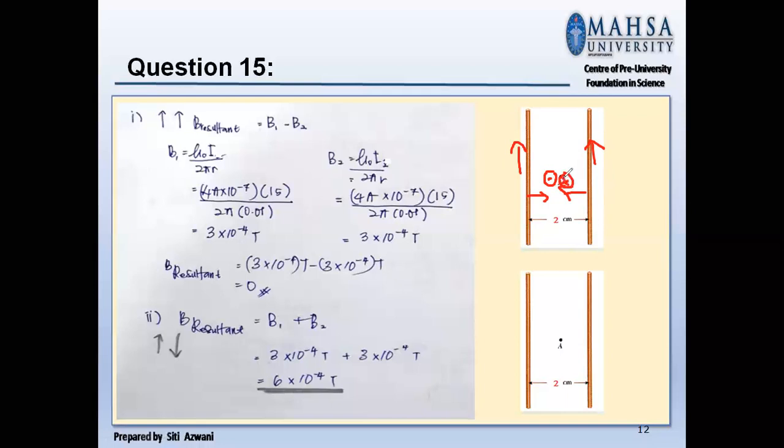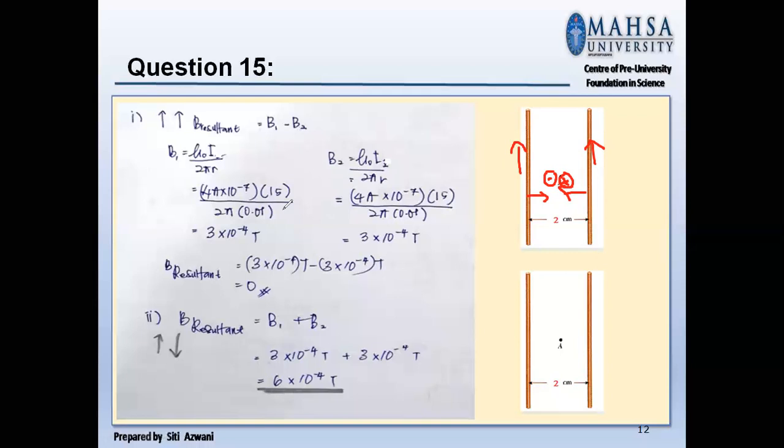So the direction of your magnetic field B at point A is opposite to each other. So B1 minus B2, or B2 minus B1 in your calculation.